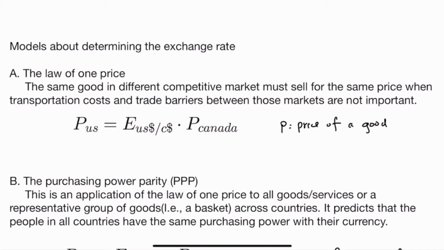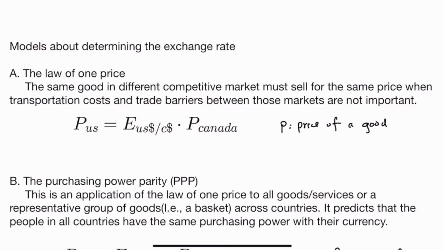It predicts that people in all countries have the same purchasing power with their currency. That is, we no longer talk about the price of a good, but the price of a basket. Given that we know the CPI measures the price of a basket of goods in a country and how the price changes over time.